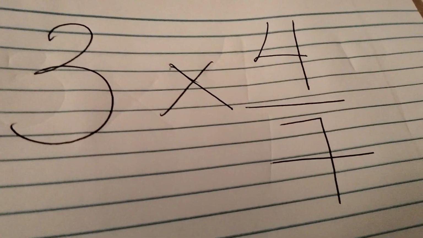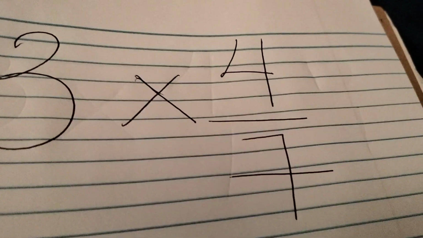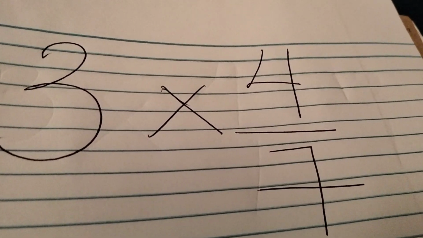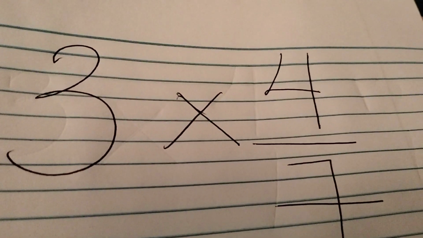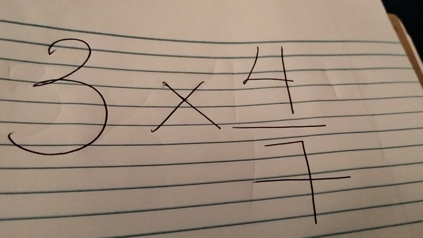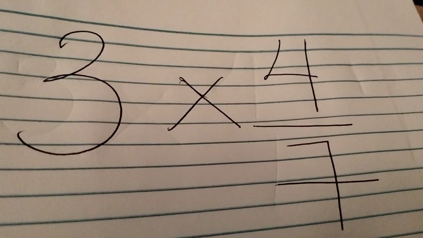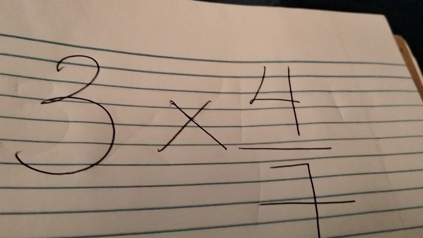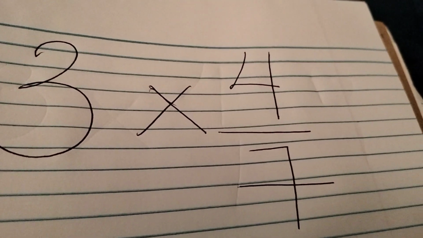Alright, so the first example I'm going to take is 3 times 4 over 7. How do we use a manipulative to multiply this fraction? The mathematical statement here means 3 groups of 4/7.